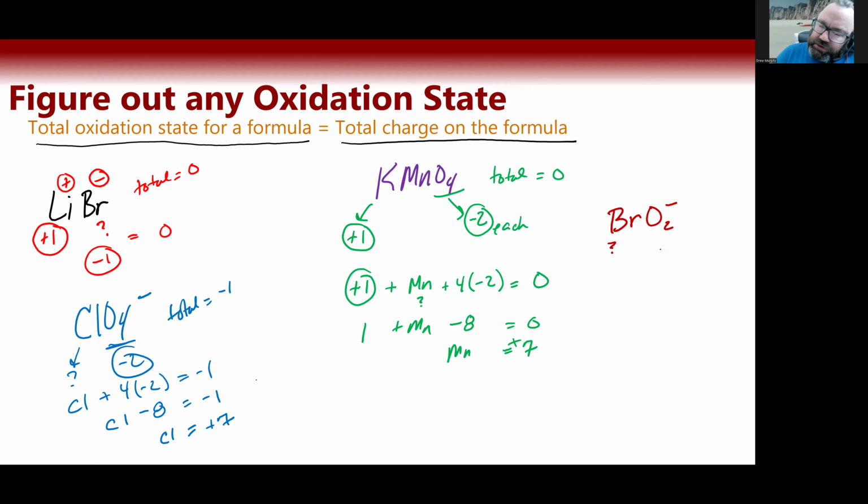We know each oxygen is -2, and we know our total is -1. So Br plus 2 times -2 equals -1. So Br minus 4 equals -1. So Br equals +3.